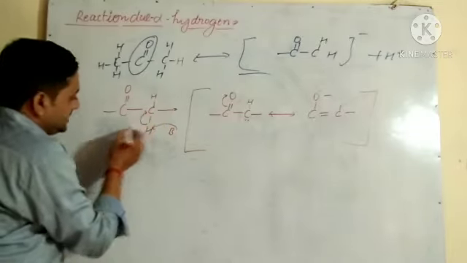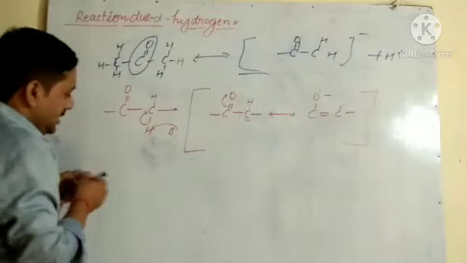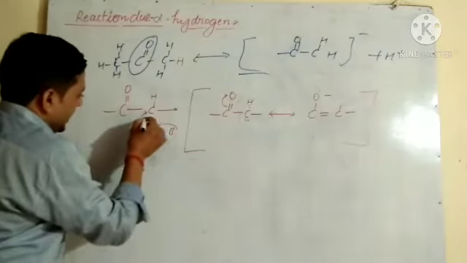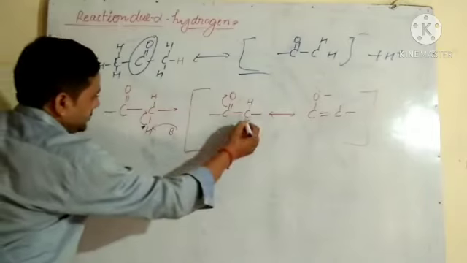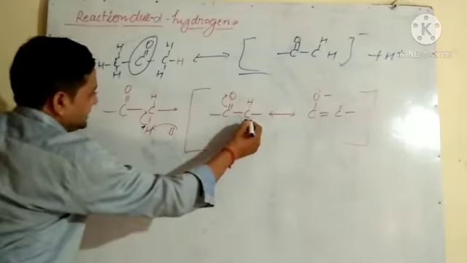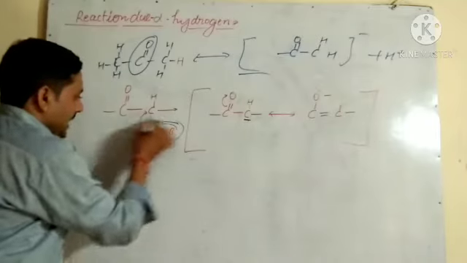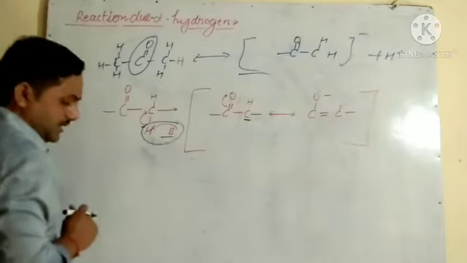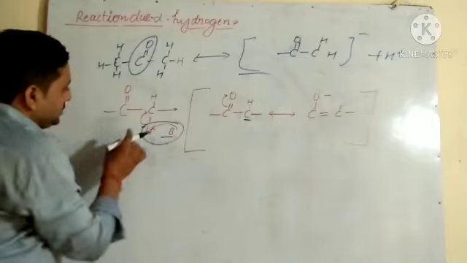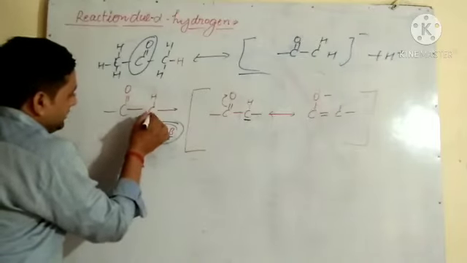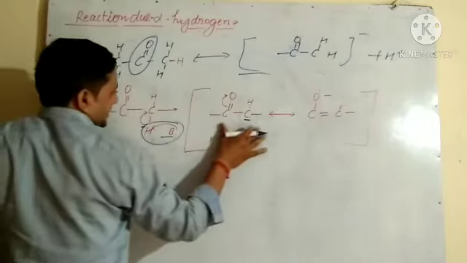So it will leave as H plus, and if the electrons shift that side, we can show a negative charge like that. And this proton will be taken off by a base. Understood? So if that is shifted, there will be a negative charge and we will get the same structure.